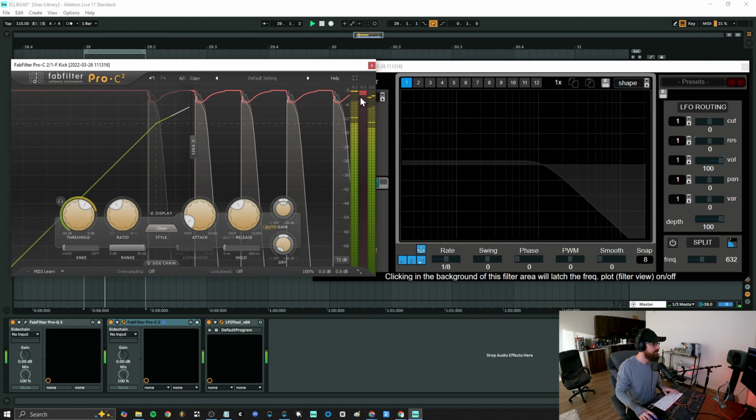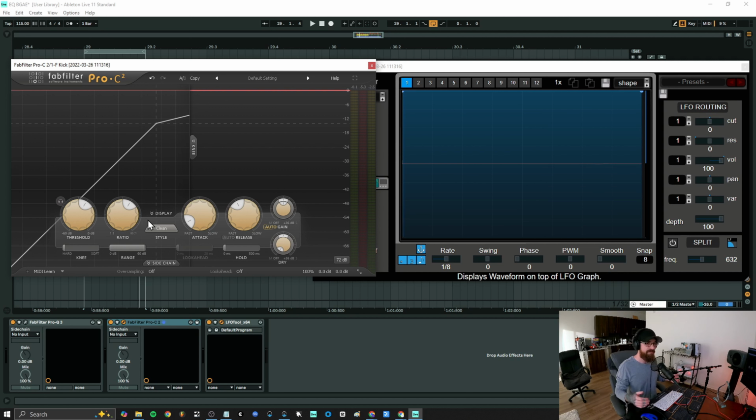So what if we did a 4 to 1 ratio? Well, if our original signal hit 0 dB and we set the threshold to -14, that means that our signal is 14 dB over the threshold. And if we have a ratio of 4 to 1, then we can divide 14 dB, which is 14 dB over the threshold, by 4, and we get 3.5.